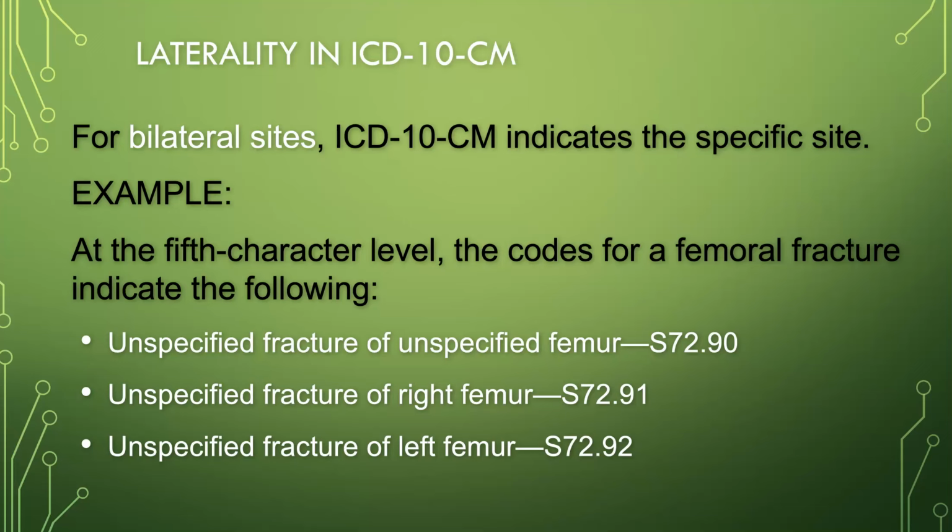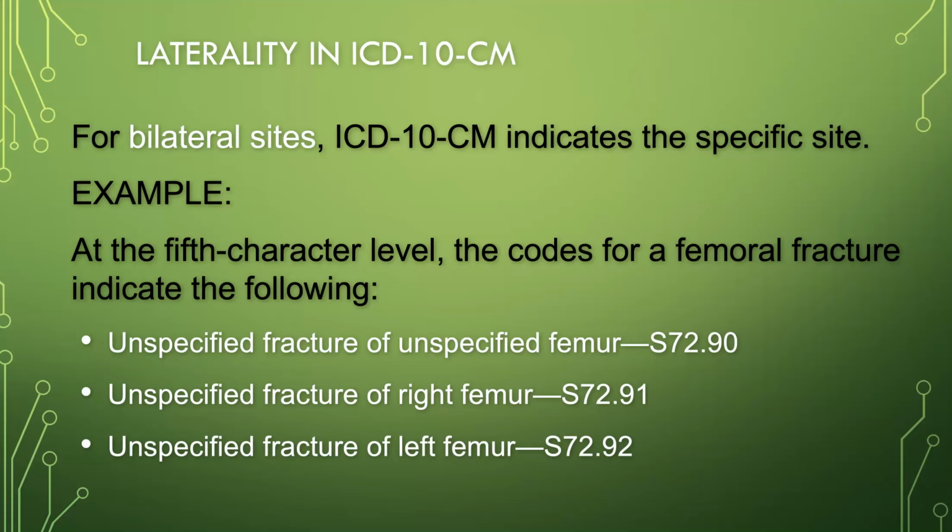Laterality is another new concept that was provided in ICD-10-CM. So if there are procedures performed on paired body parts or anatomic sites, we need to ensure that we identify which body part is covered. And you see some examples here. Unspecified fracture of unspecified femur.